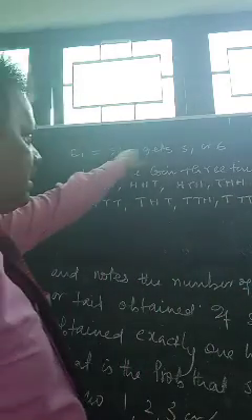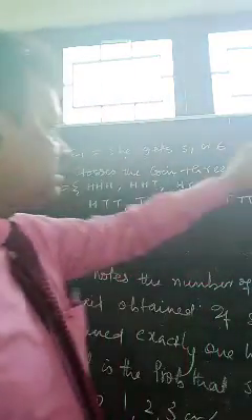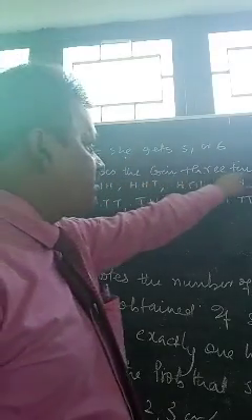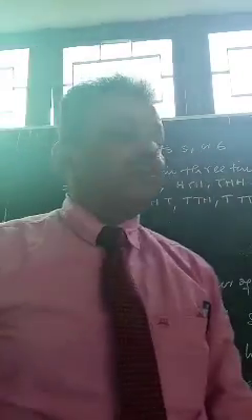That means if she is getting 5 or 6 in die, she is tossing a coin 3 times with this sample space of 3 coins.